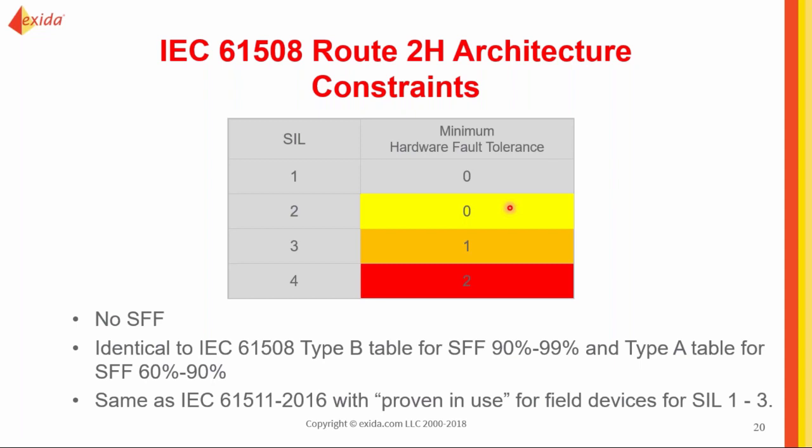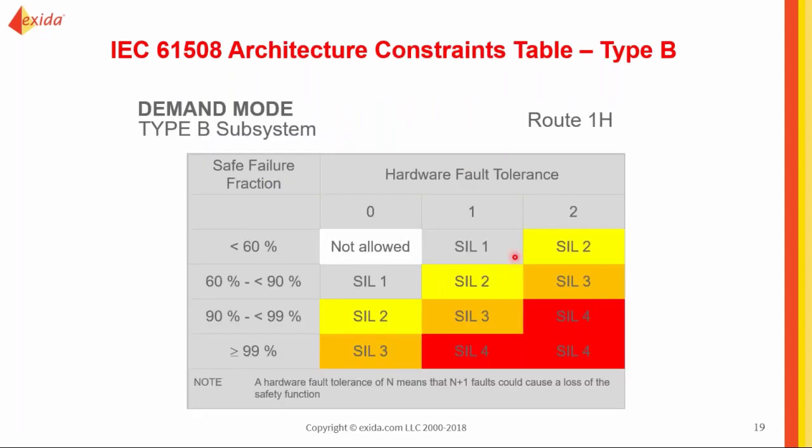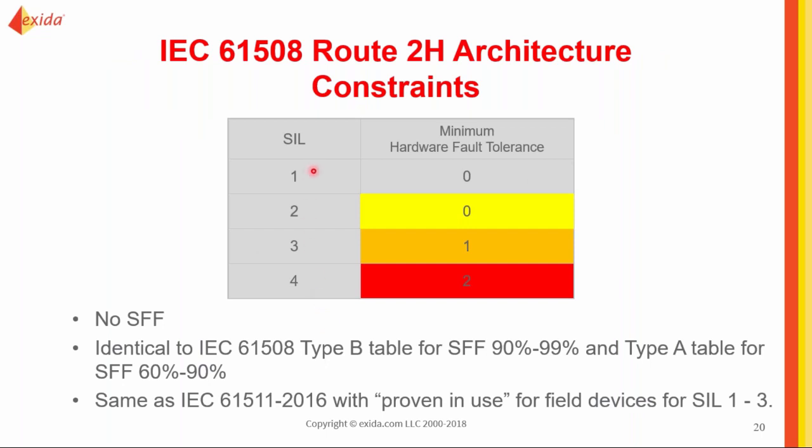There's no extra sets of equipment needed. However, once you start getting to your SIL 3 range, there's going to be an extra set of equipment needed. It's going to be, once again, a 1 out of 2, a 2 out of 3 type architecture. If you look back to this table, that's the same as this realm in our table, so they kind of line up together.